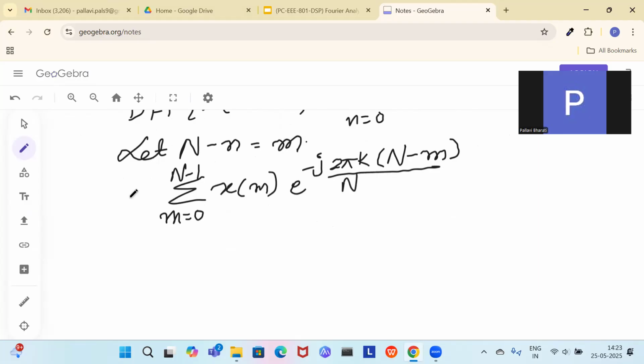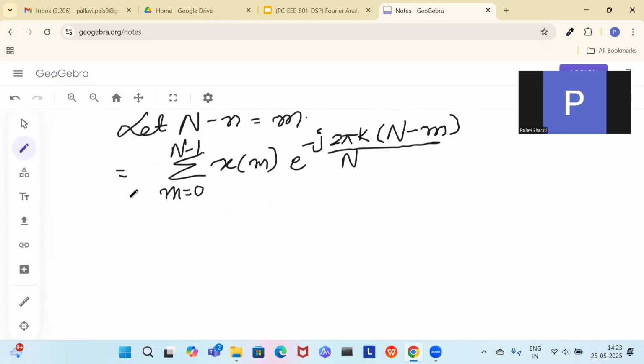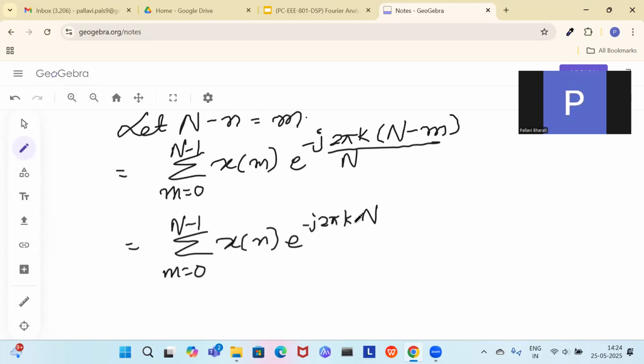Now, just expand it. The sum over m equals 0 to capital N minus 1 of x of m, e to the power minus j 2 pi k N by N, into e to the power minus j 2 pi k, and this is minus m by N. Now this part you see, these two are going to cancel.